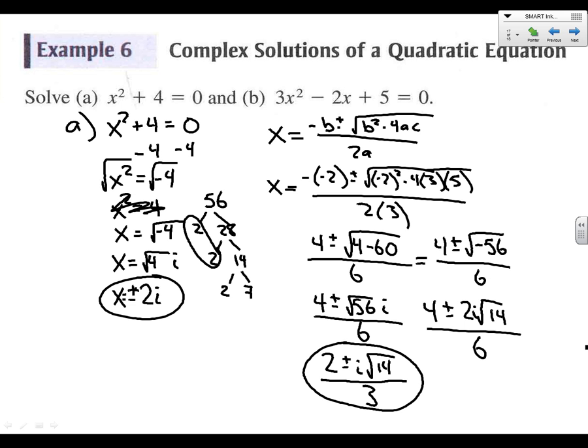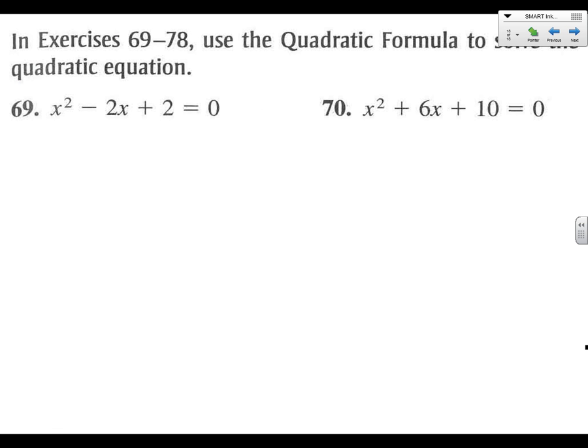Alright, if you were able to get all the way through that, feel pretty good about this section. Let's try one problem on your own and we'll be all done. Problem 69 is the one for you to try. Alright, so we're going to go quadratic again on this one. And hopefully at this point you know the formula.